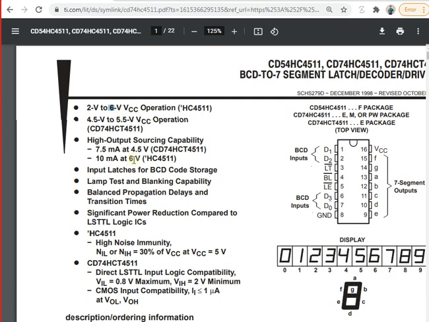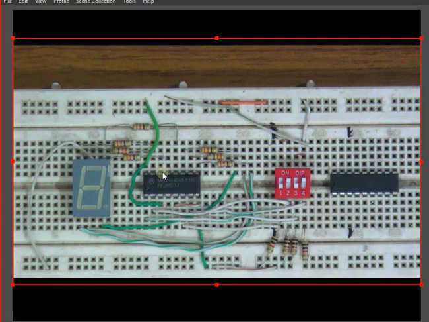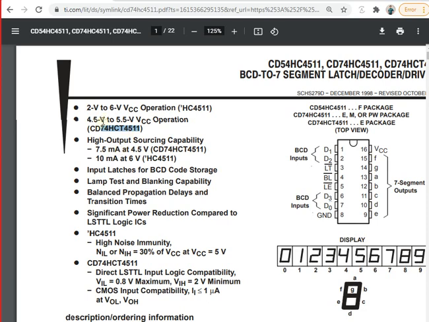And since I am going to just have the 5 volt IC over here, 5 volt is for the 7 segment. So I'm going to use that one. And if you are using 74HC4511, which is actually our case as well, because I have HCT, if I can show you as well on this one. And actually this is HC, not HCT. Anyway, so I can use it for 6 volts also. Next thing, high output sourcing capability.